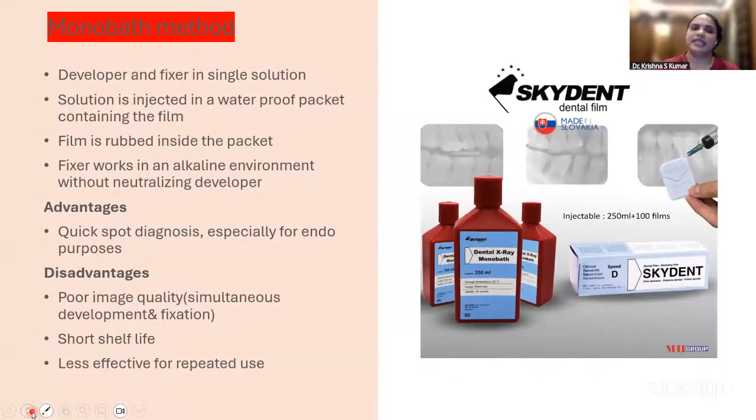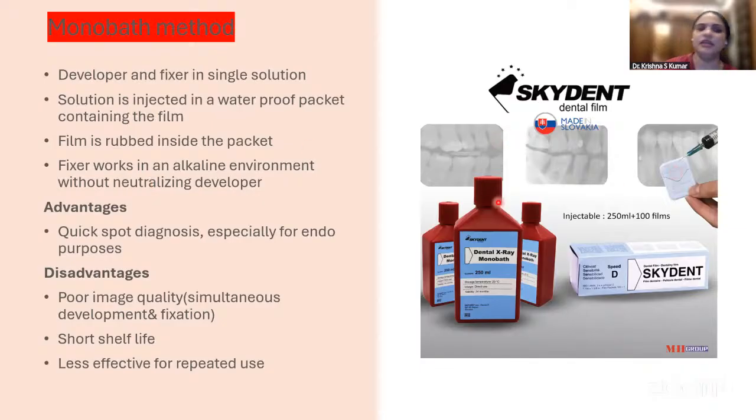The next technique is the monobath method. In the monobath method, there is developer and fixer in a single solution. This solution is injected into the plastic wrapper, which contains the exposed film, and you rub the film within the packet. Here, in the conventional method, we said that the fixer cannot work in an alkaline environment.